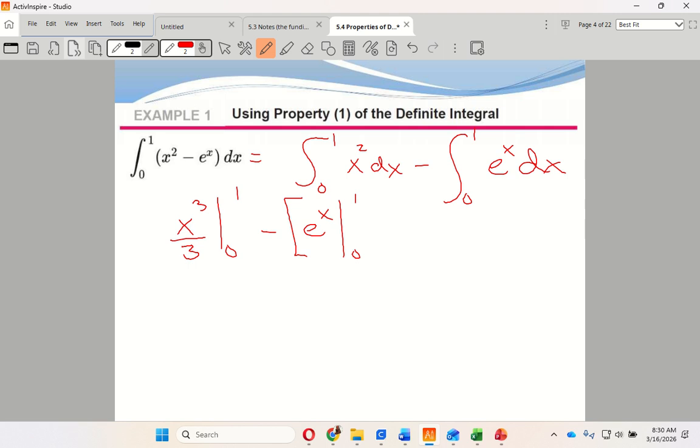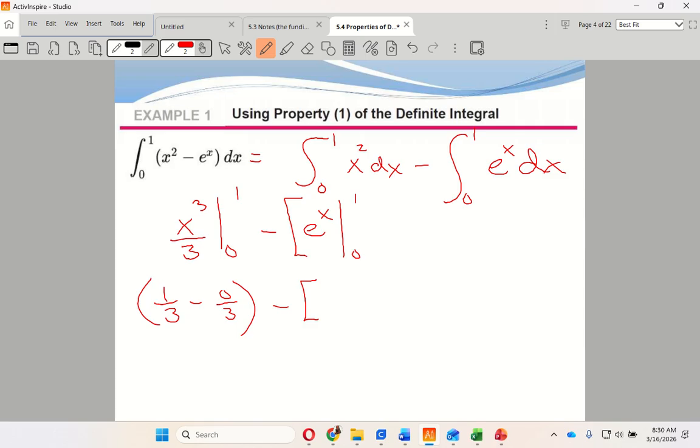All right. Top minus bottom. Yeah, it's top minus bottom. So that's going to give me 1 over 3 minus 0 over 3, and that's going to be this first piece here. The second piece, minus, I put a bracket right there, that's important, because that's going to subtract all of what I have in the next one.